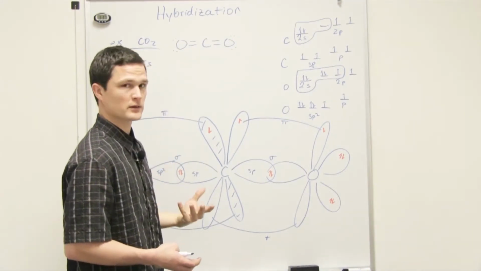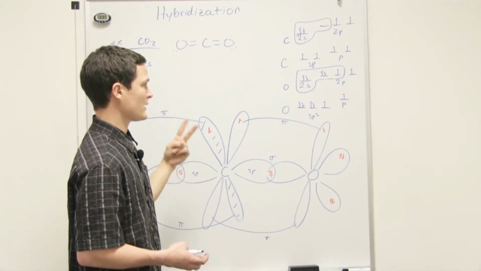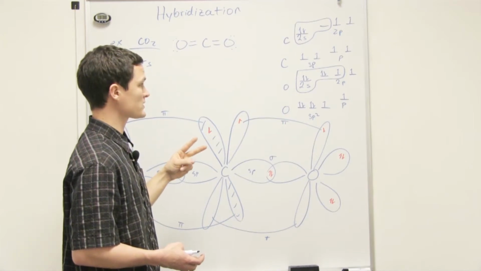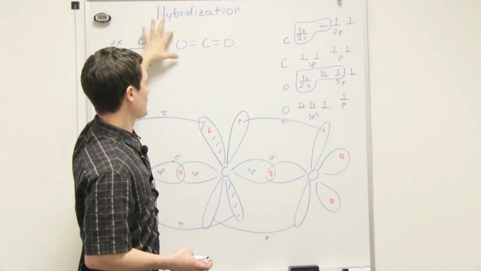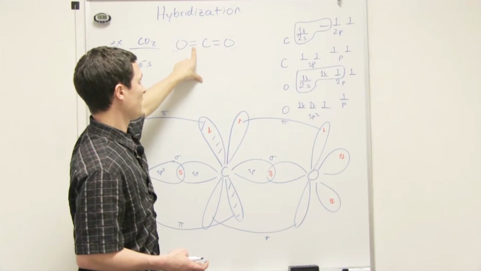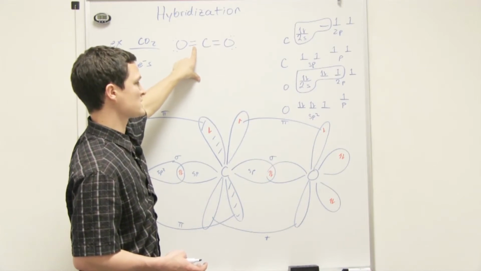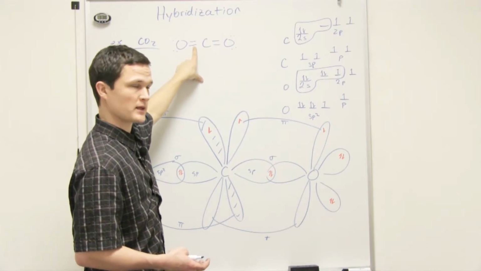So we should expect 3 hybridized orbitals from that. But you can also think through it like I just demonstrated, that the lone pairs are going to occupy 1 hybridized orbital each, and that one of these sigma bonds needs to be hybridized and the other one is going to be p.